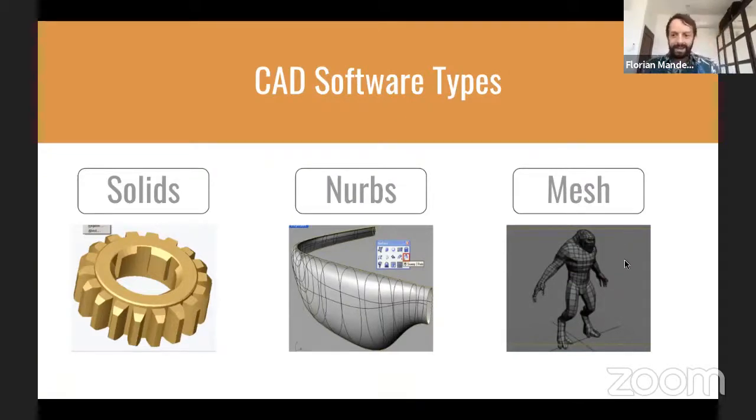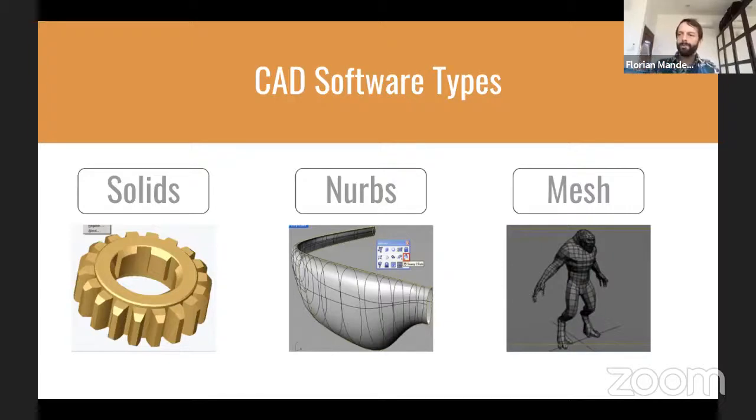Mesh design, that's 3ds Max, for example. That's the most famous, or Blender 3D software. That's where you use meshes. Meshes are made for animation because they're not data heavy and not intense for CPU use when rendering.